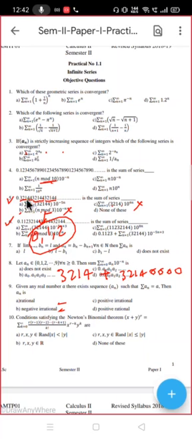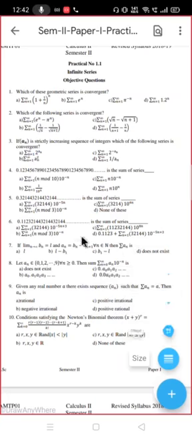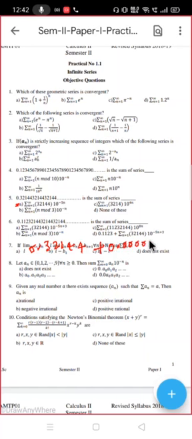What about option A? Either option A or option D. So what about option A? Put n equal to 1. If you put n equal to 1, it will be 32144 divided by 100,000, so it will be 0.32144. That is the first term. If you put n equal to 2, then it will be 0.0000032144.